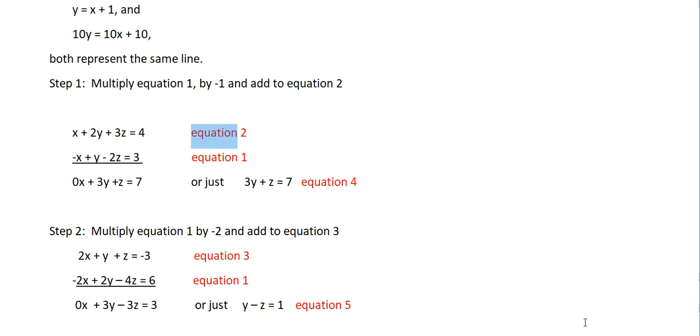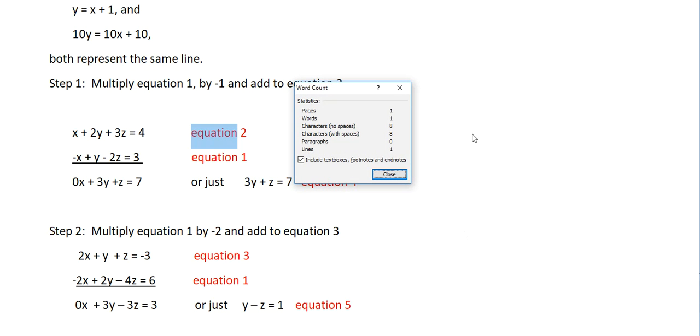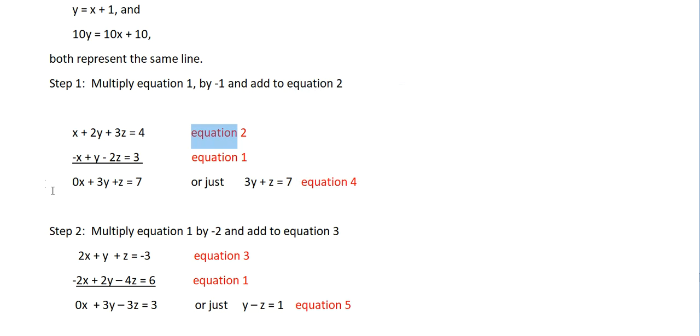I multiplied it by minus 1 so that when we add these two equations together, the x terms sum to 0. So we're going to come up with a new equation, equation 4, that does not contain the variable x.